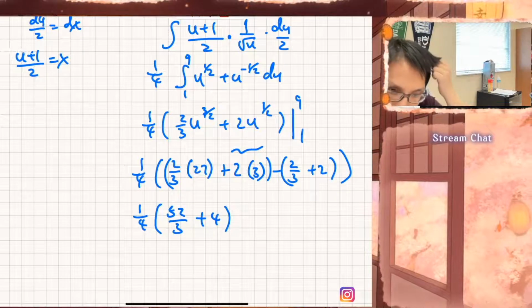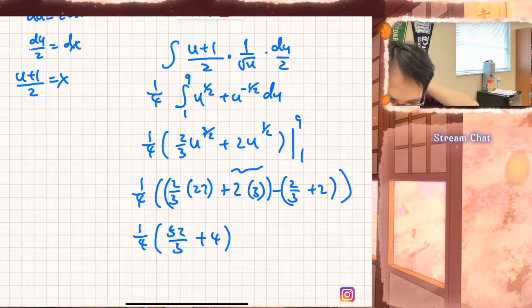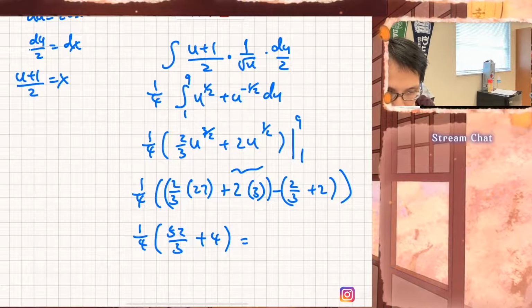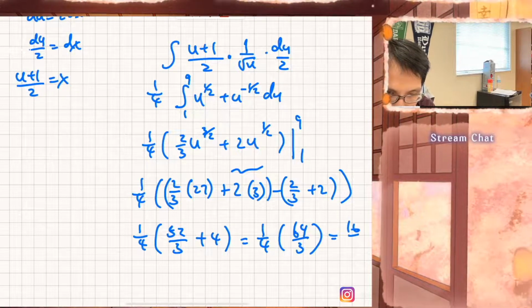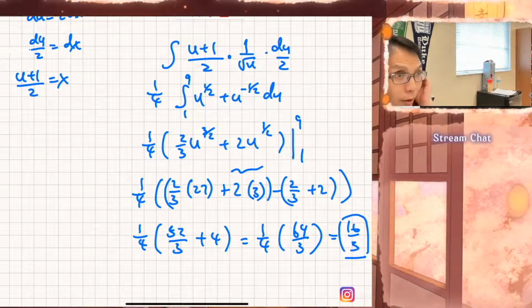Am I doing okay? So that's equal to 1 over 4 times 64 over 3, and that's equal to 16 over 3. That's the final answer.